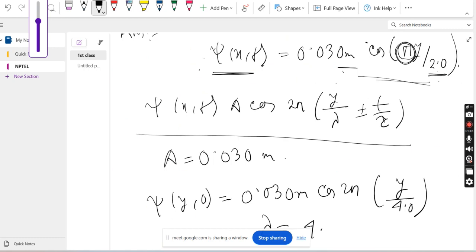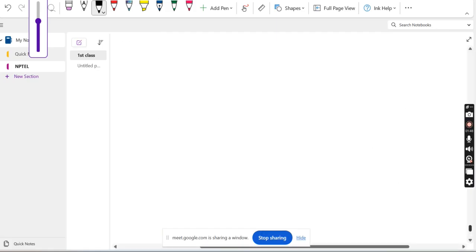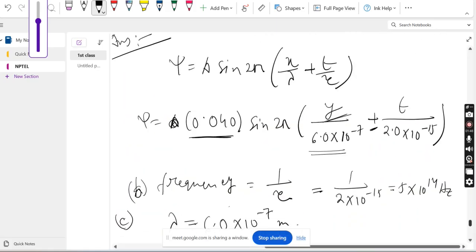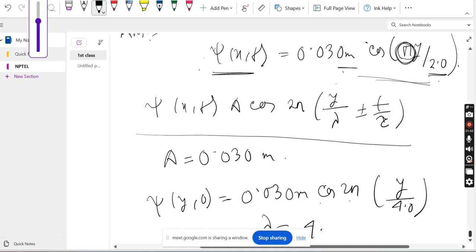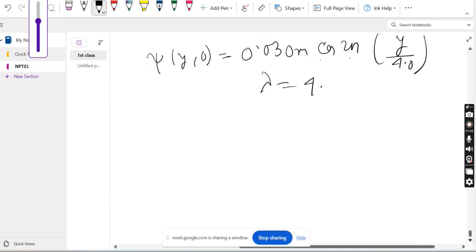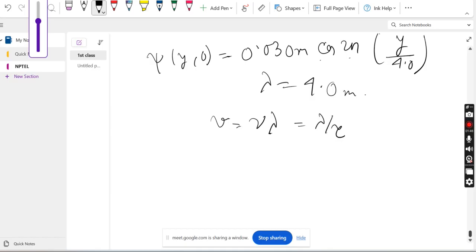So lambda is the wavelength. Lambda, that is lambda by tau.